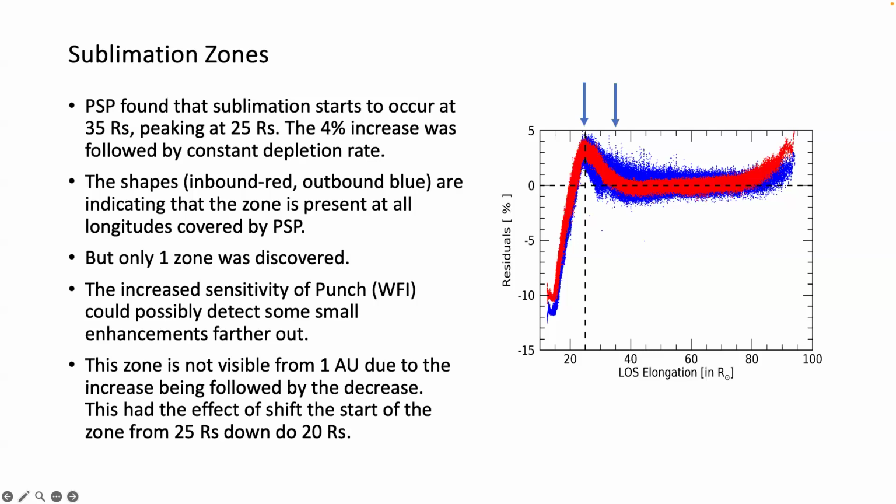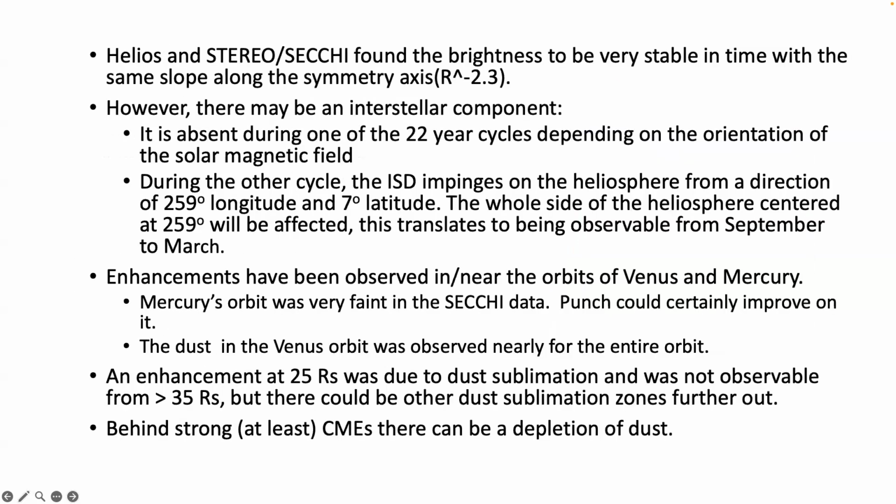So brightness oddities. The first is the interstellar component. I'll talk a little bit about that. We've seen these Mercury enhancements. We're particularly interested if you can improve on the Mercury orbit. Dust sublimation is a big deal.